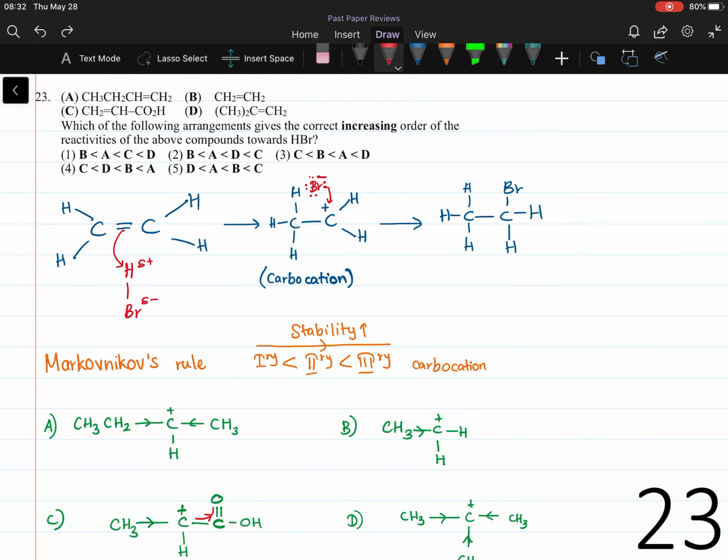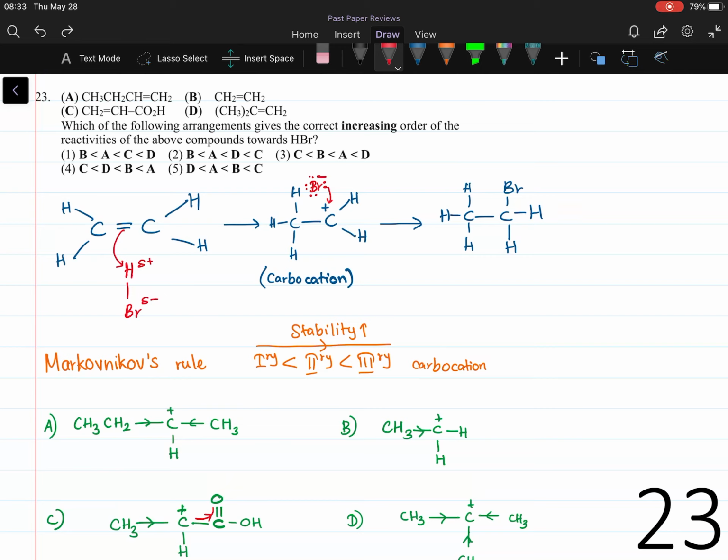Question number 23. Which of the following arrangements gives the correct increasing order of the reactivities of the above compounds towards HBr? So as we can see, we have alkenes and this kind of reaction is an electrophilic addition reaction.